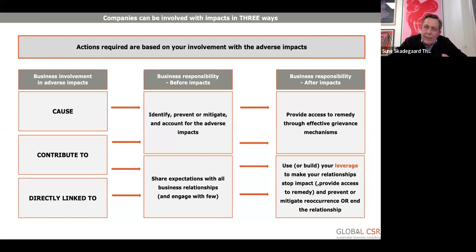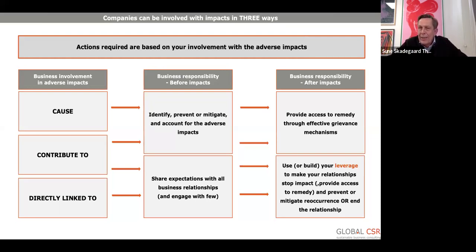An example of being directly linked can be used for the same case. Now I'm the investor in the company that developed the AI. I didn't ask them to develop artificial intelligence that could lead to discrimination.